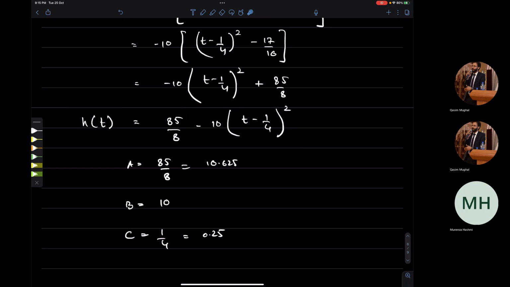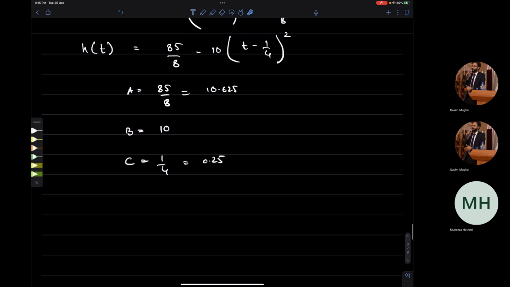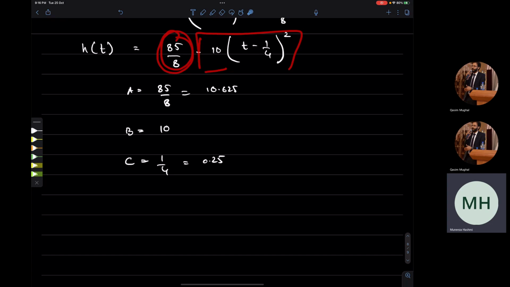So in short, okay, now that's the practical. I'm trying to explain it to you in practical terms, and I'll explain it in mathematical terms as well. This is the height. We need to find the maximum height. This would be maximum if this whole thing is gone, because whatever we have is being subtracted from this one. So I need to get rid of this, which means I need this to be 0.